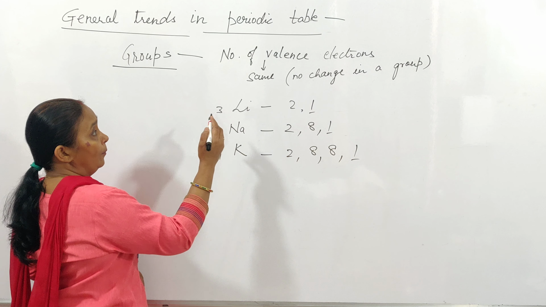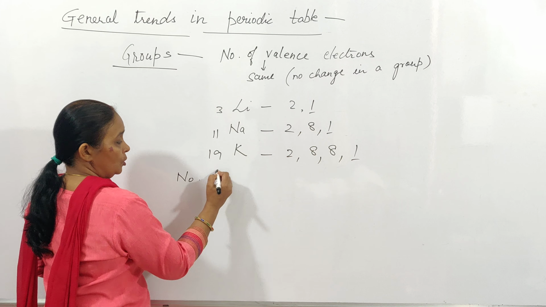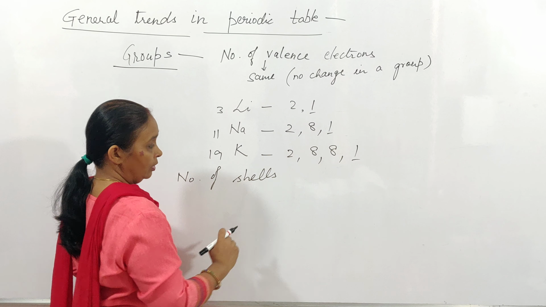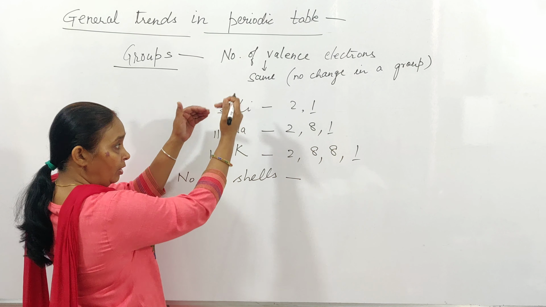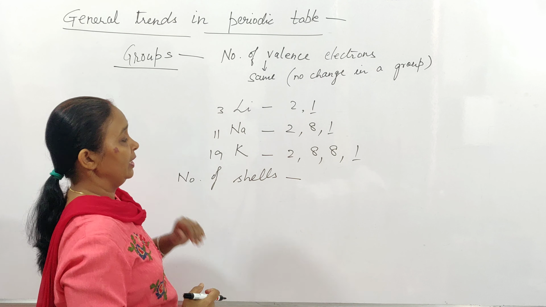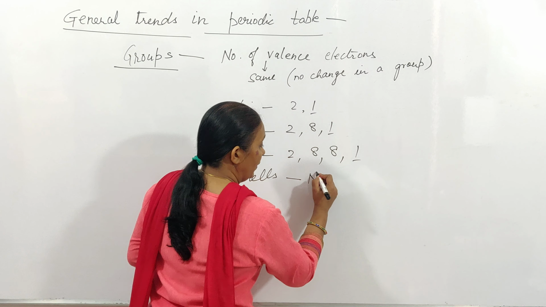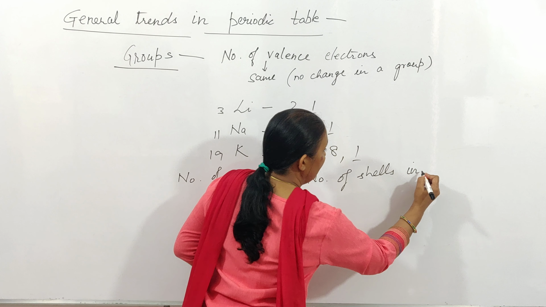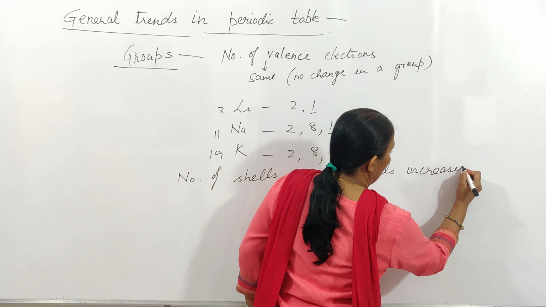If we see the number of shells in which the electrons have been filled, what are we seeing? That every time we move down to next element, what happens? Number of shells increases.